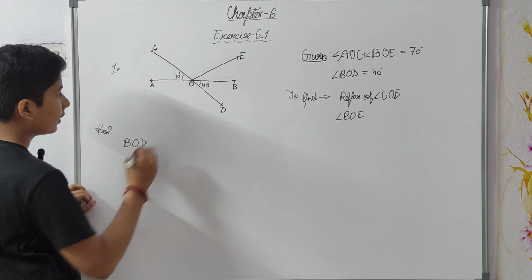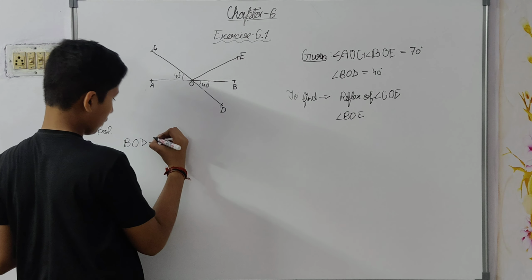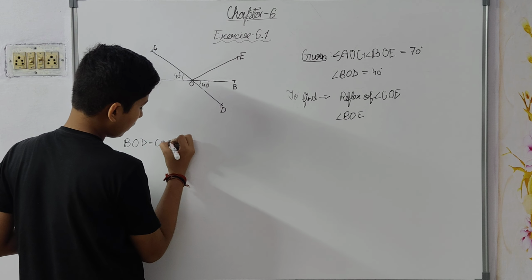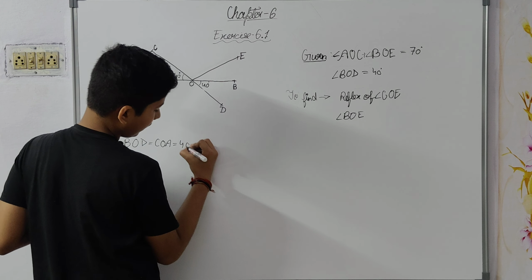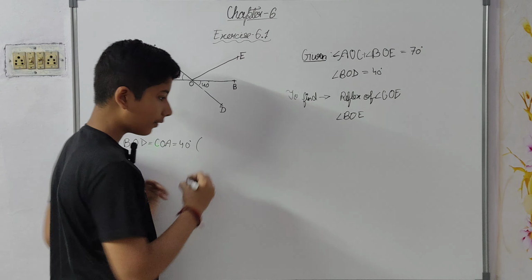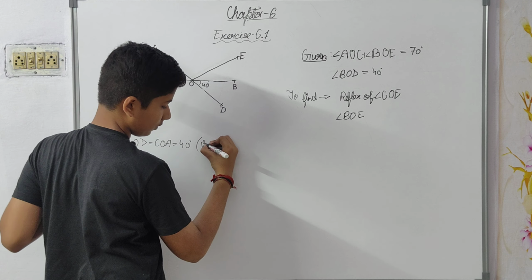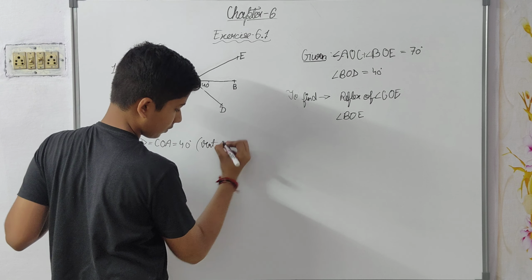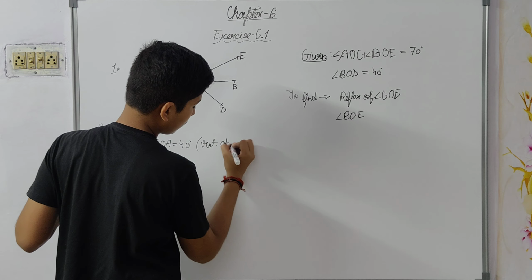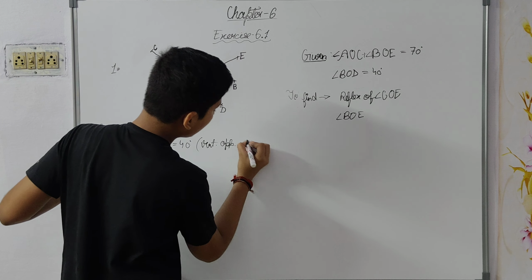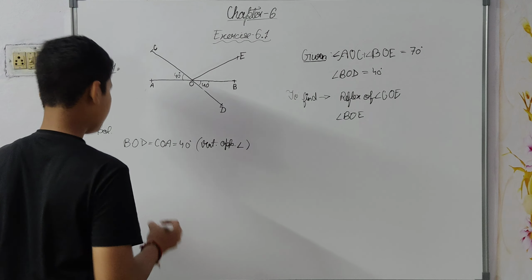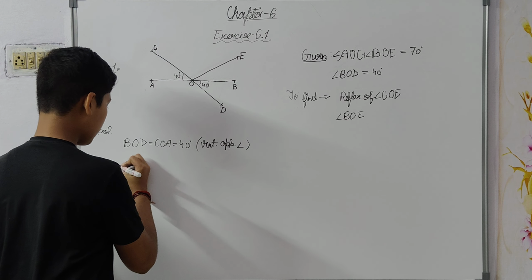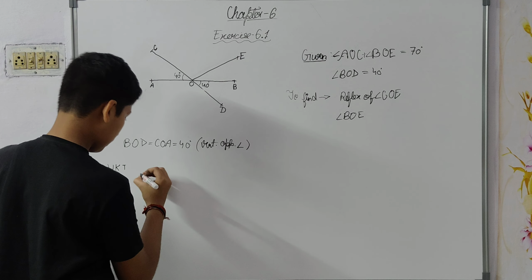So angle BOD equals angle COA equals 40 degrees. Why? Vertically opposite angles.